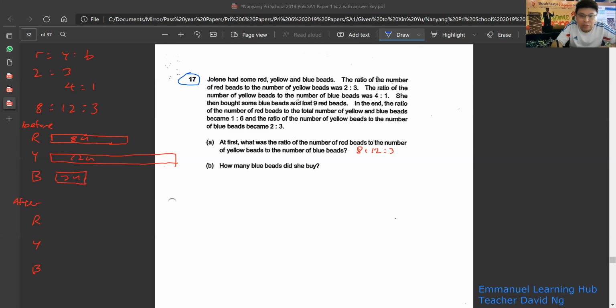She bought some blue bits and lost 9 red bits. In the end, ratio of red to total yellow and blue is 1 is to 6.